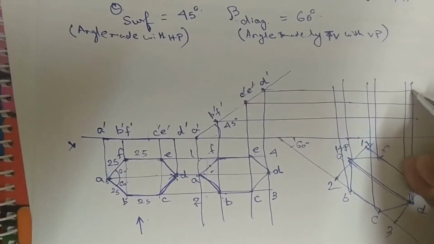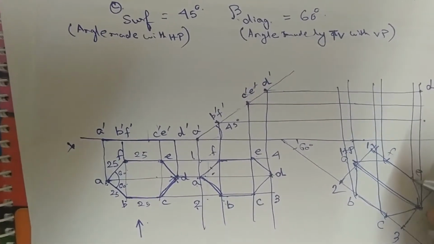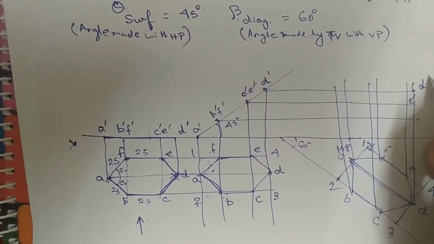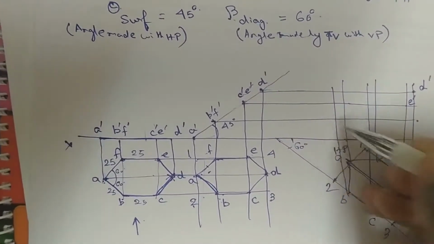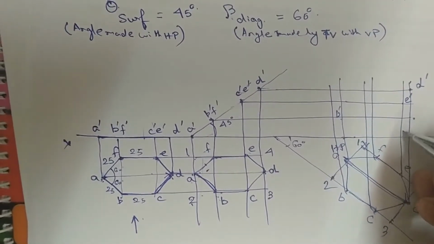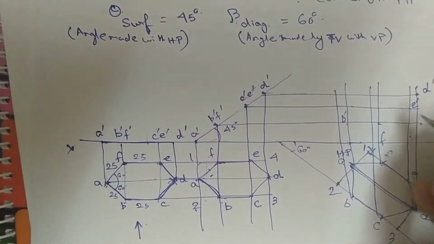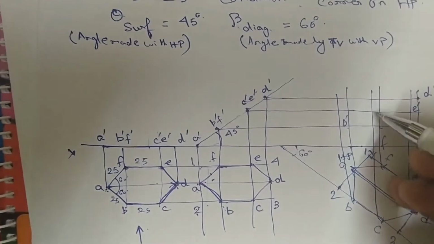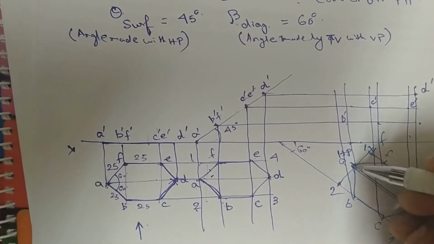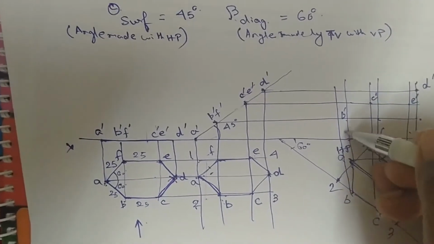So again D will be here, E is here, actually E dash, D dash, B dash, F dash, and another point you are going to get is C dash, and this will be A dash.